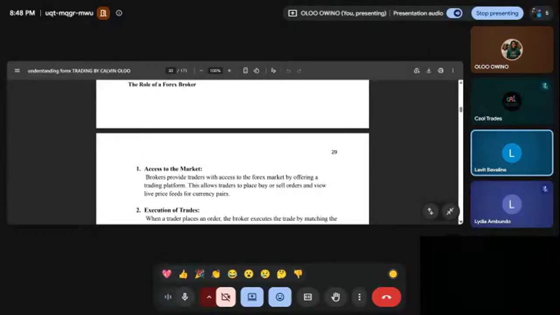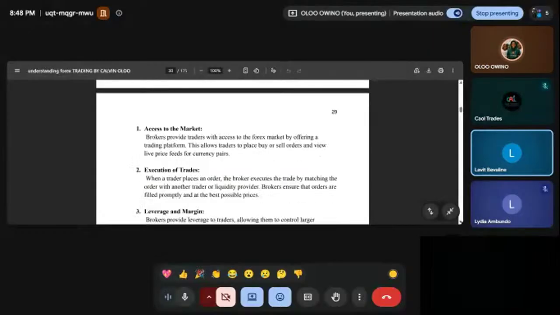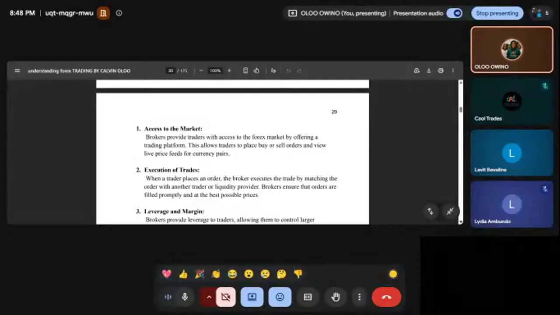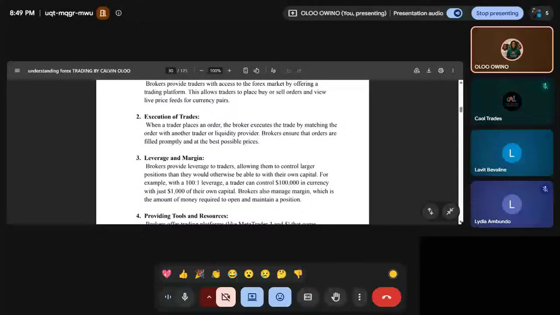Yes. Number two, the broker helps you in execution of trades. For example, when you place an order, the broker executes the trade by matching the order with another one or a liquidity provider. The brokers ensure that orders are filled promptly at the best possible prices. Number three, they provide leverage and margin. I'm not going to explain much about it because it gives positions which you can control with your small capital.